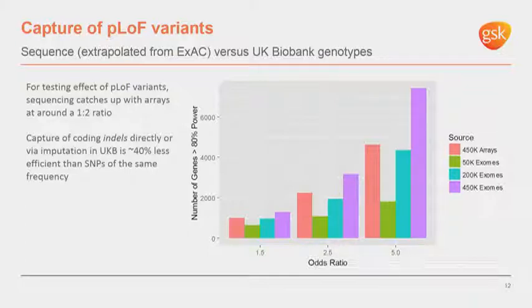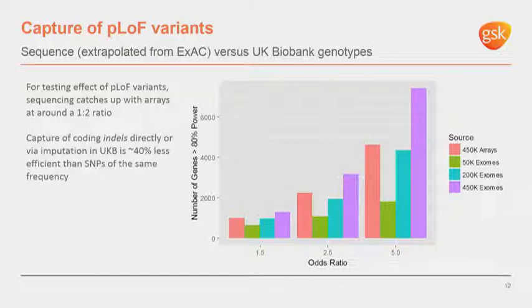To cast this in a different way, taking that same analysis of the cumulative minor allele frequency, we ask, what is our statistical power? How many genes do we achieve greater than 80% statistical power to test an odds ratio effect of 1.5, 2.5, or 5 if we had 450,000 arrays versus 50,000 exomes, 200,000 exomes, or 450,000 exomes?